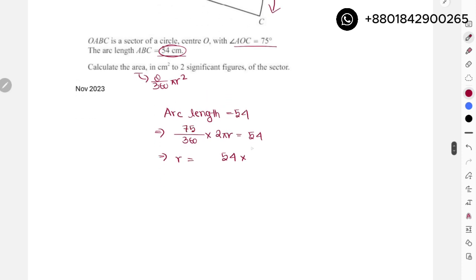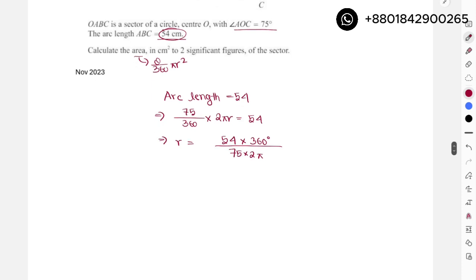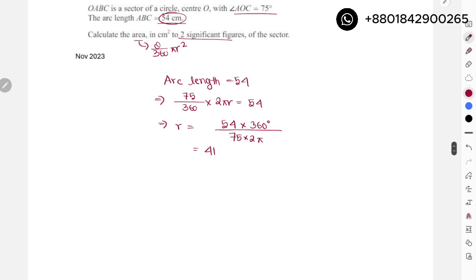So it will be 54 times 360 degrees divided by 75 with 2 pi, right? From there you'll get the value for your radius, and that is 41.253. I want to keep my answer as big as possible so that when I round up my final answer for the area, it will be accurate.